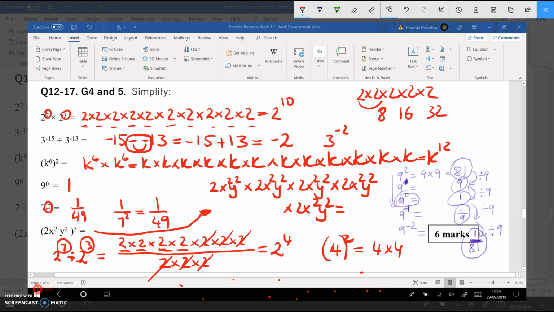So that answer would be 32. And then x squared all to the power of 5 is going to be x to the power of 10, and y squared all to the power of 5 is going to be y to the power of 10.